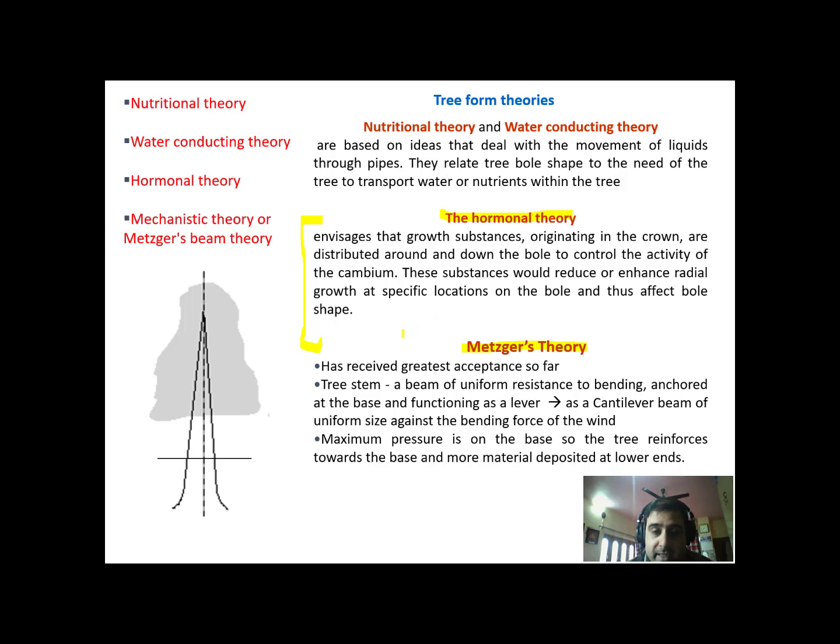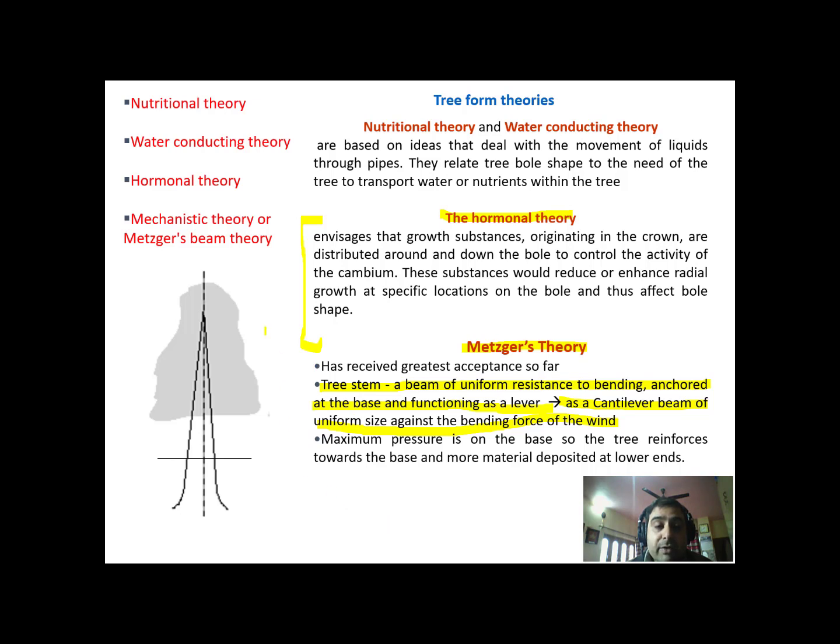Now there is another theory, Metzger's theory, which says that the tree stem acts as a beam of uniform resistance to bending, anchored at the base and functioning as a lever, as a cantilever beam of uniform size against the bending force of wind. As we know, trees, whether solitary or in groups, whether in deserts, temperate areas or tropical areas, are subject to wind pressure.